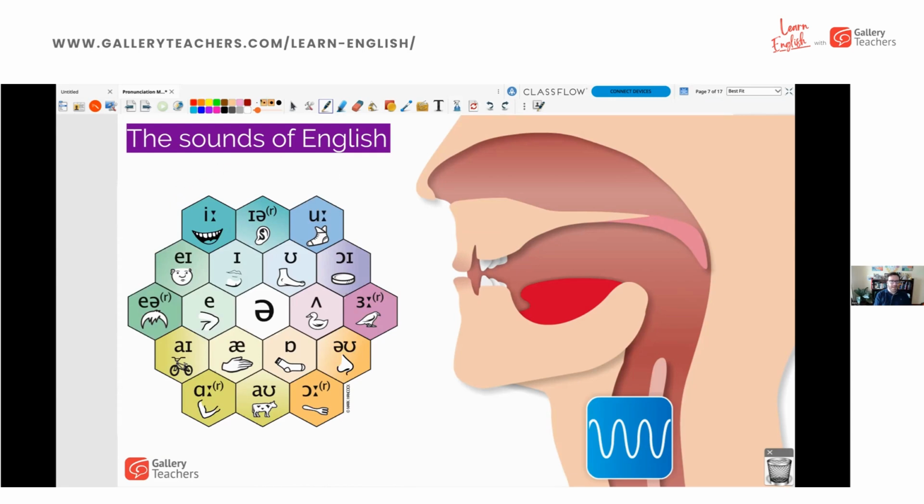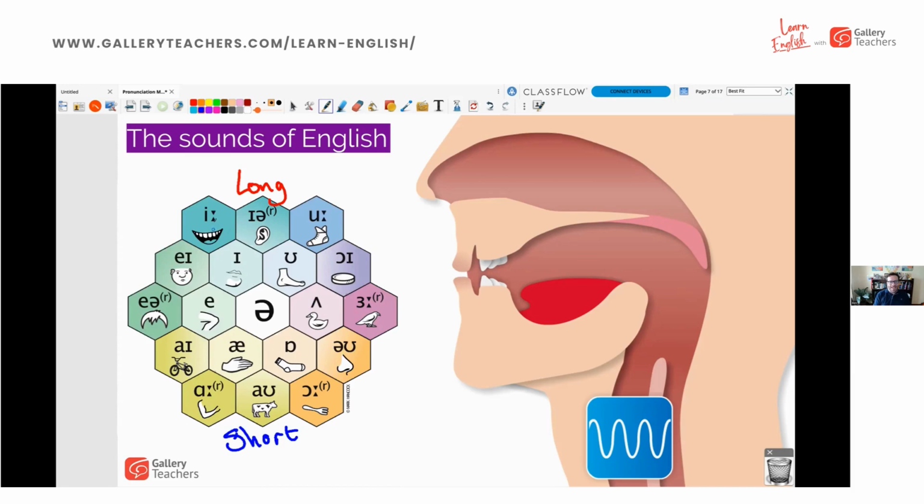These vowels on the outside, we often call these long vowels. We can contrast it with the vowels in the second line, which are short vowels. So we've got I, E, A, O, A, U.